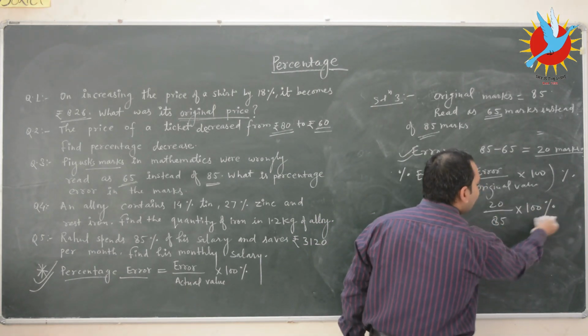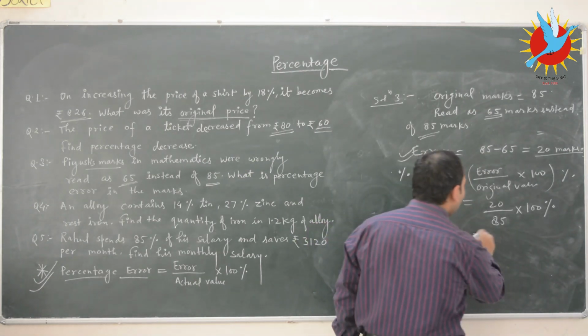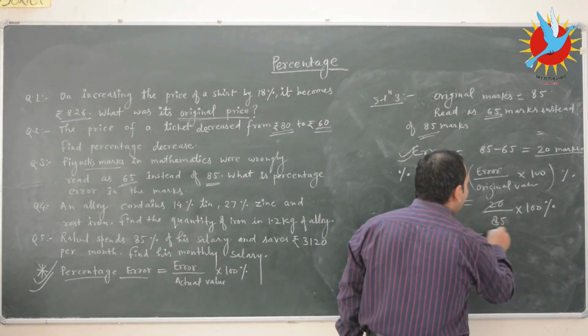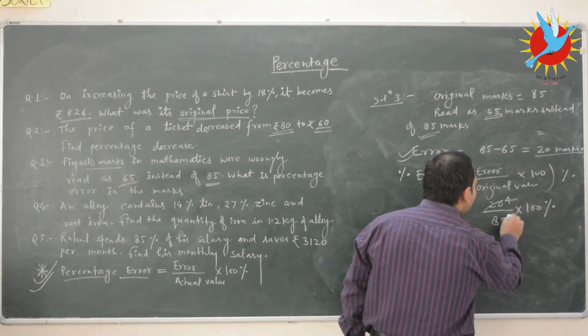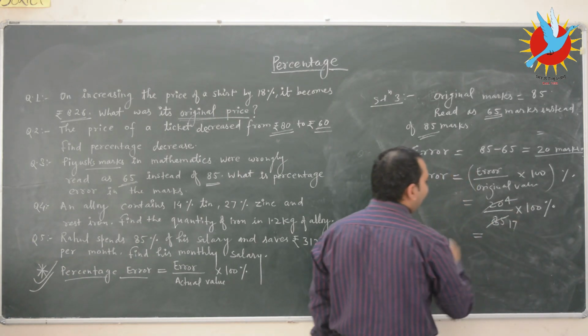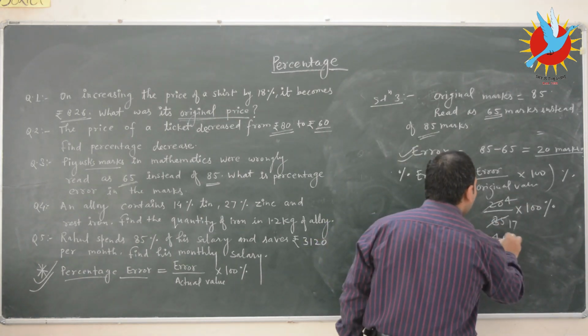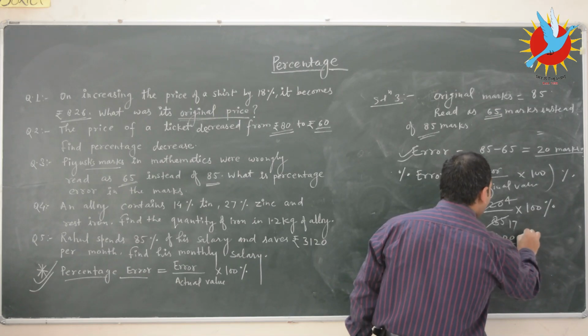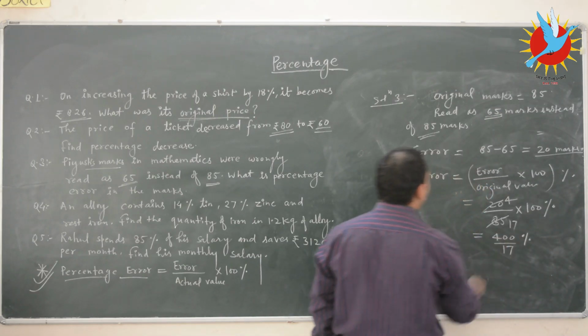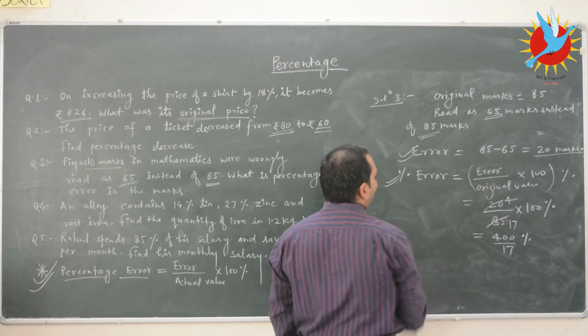So in fraction we multiply by 100%, which is equal to, 5 4s are 20, 5 17s are 85, so 400 upon 17%. This much percent was the error.